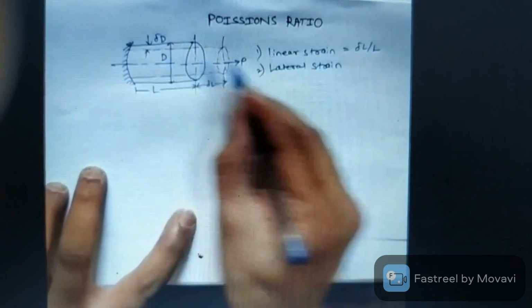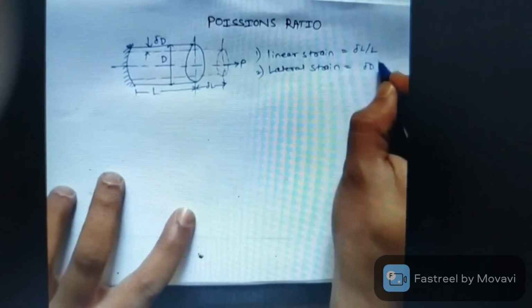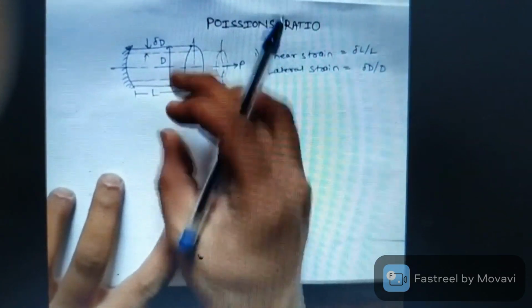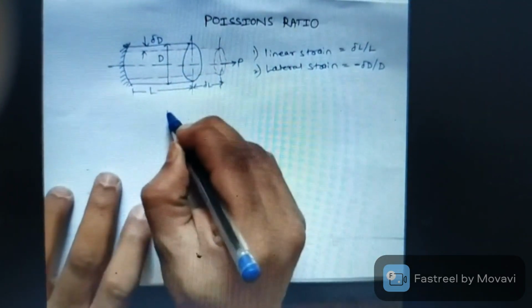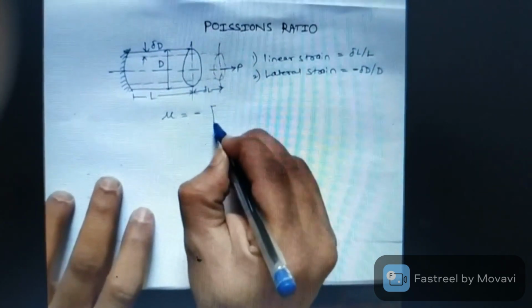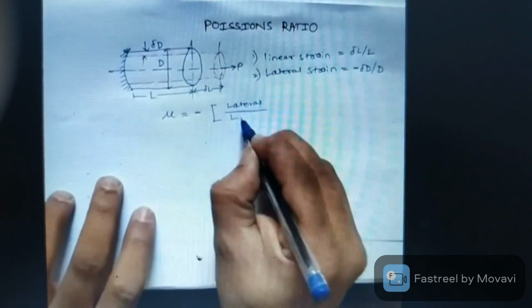Okay, so what is the lateral strain? It is delta D by D, and as you can observe here, it is getting reduced, it is compressing. So this will be minus as the dimension is getting reduced. Now what is Poisson's ratio? It is denoted by mu, and it is minus lateral strain upon linear strain.